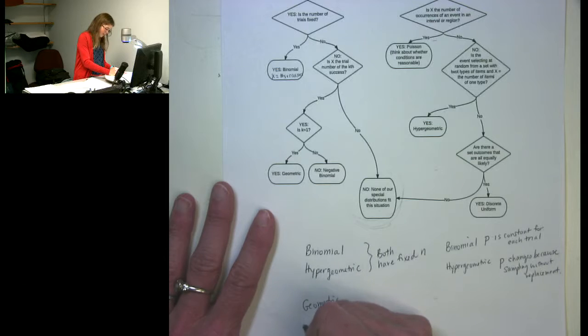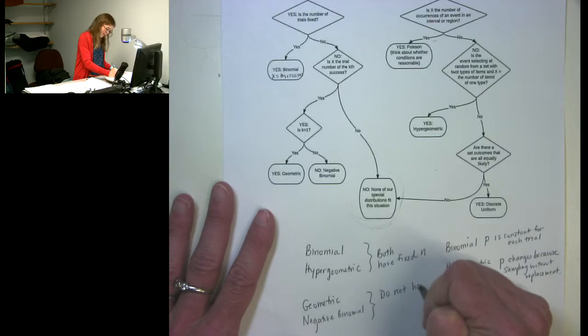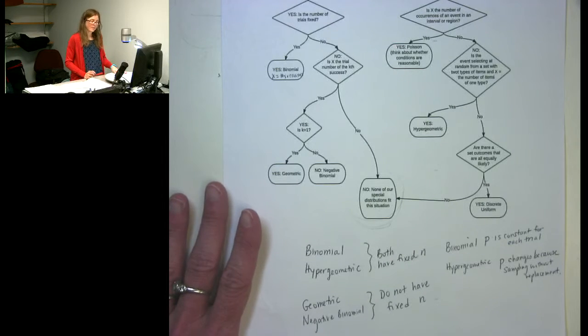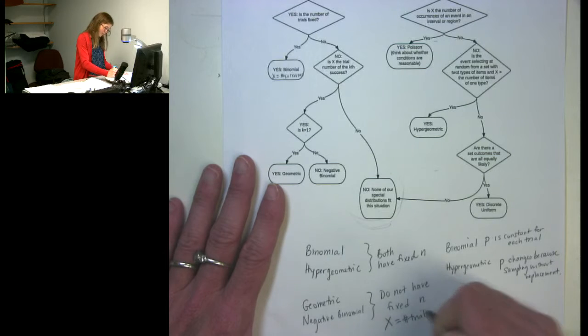The geometric and the negative binomial distribution, neither of them have a fixed sample size n. The random variable X will be equal to the number of trials required to have a particular number of successes.